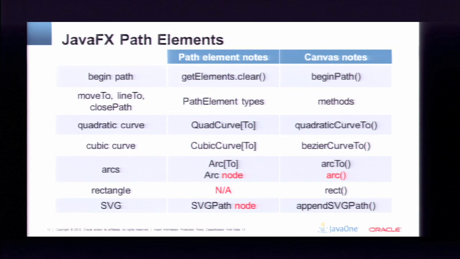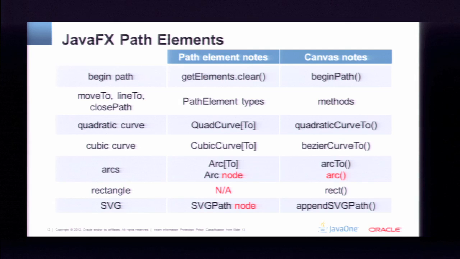Path elements are mostly the same, just the names have been changed. There's a list on a path node that you can clear. On a canvas, you call begin path to clear out the existing path. And slight name changes on some of them. We tended to follow the HTML5 naming conventions. And the only difference in behavior is that the arc node and the arc primitive on Canvas actually do different math.